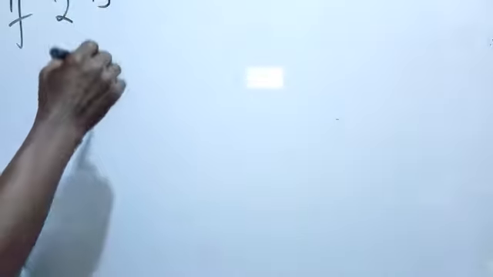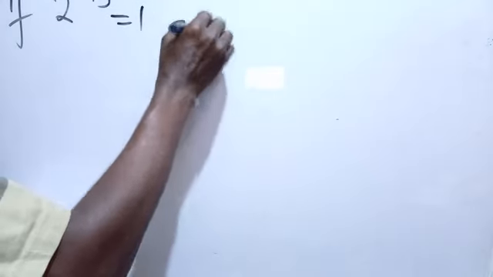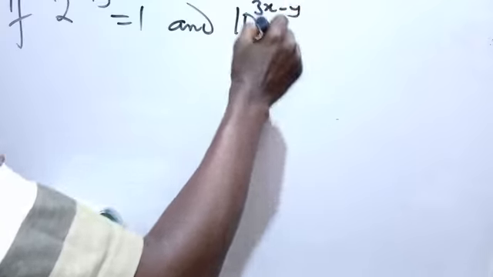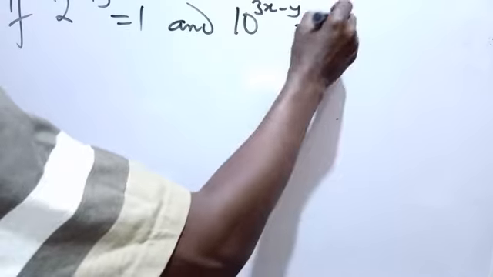Now another one. Let's have this. If 2 raised to the power x plus y is equal to 1 and 10 raised to the power 3x minus y is equal to 100.